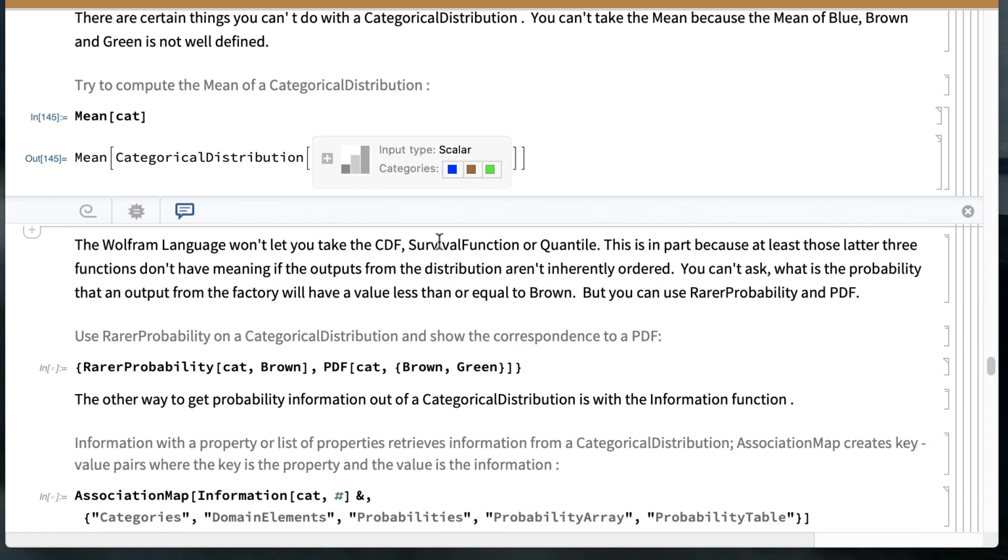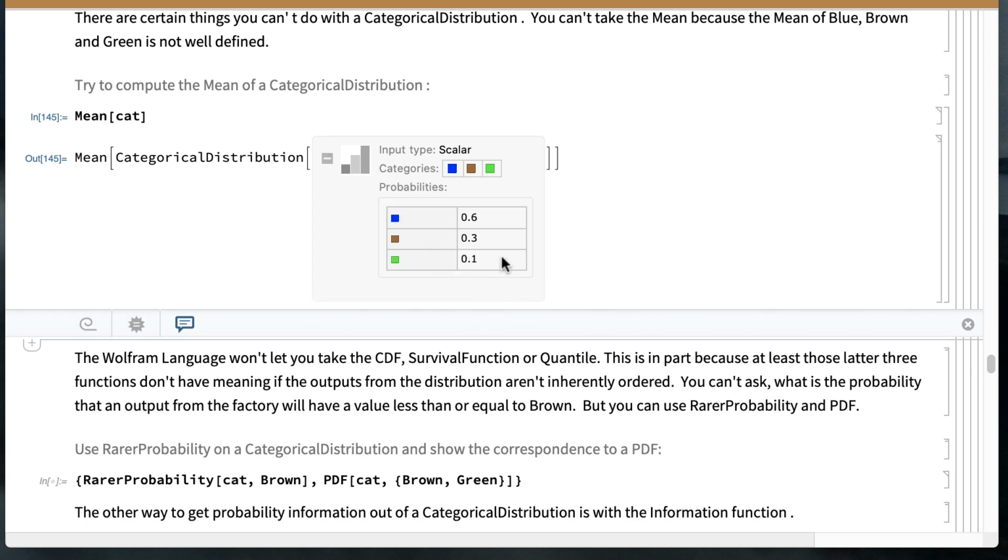So, as I think I mentioned in a prior video, the one thing you can do is use rarer probability. You can ask yourself, hey, I got a brown. What's the probability that I would get an output as weird as brown? And it turns out, well, it's actually that 30% plus that 10%, so it's 40%.